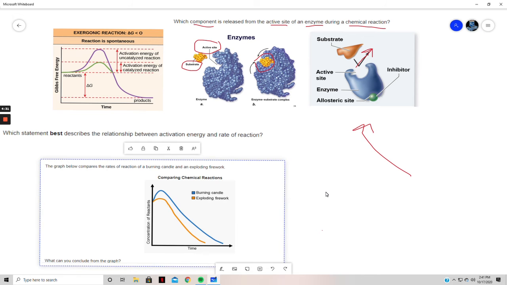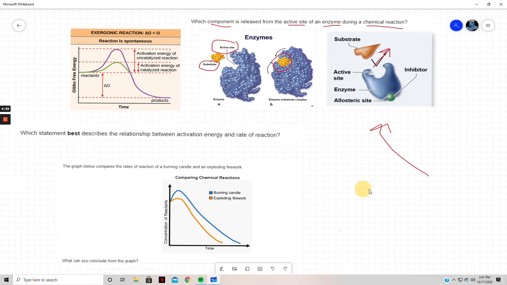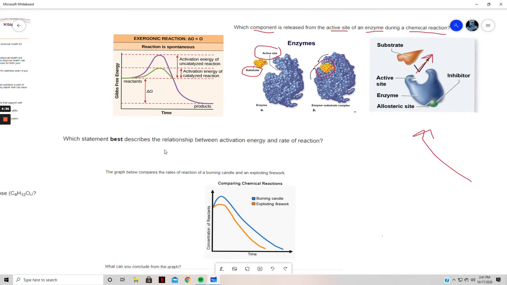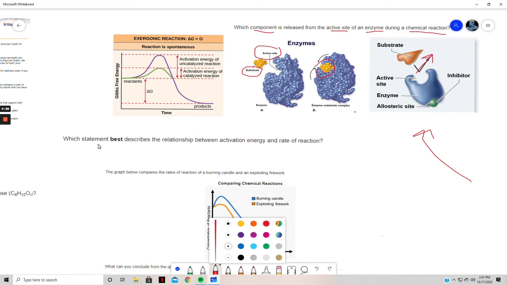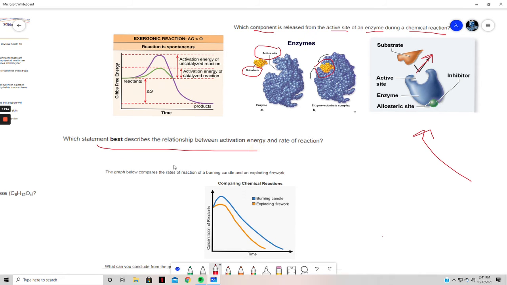Oh, I didn't mean to grab onto that. Moving this over just a little bit, and now we will look at this question here. The question is, which statement best describes the relationship between activation energy and the rate of reaction? It's a multiple choice question, as is the enzyme question that we previously looked at.